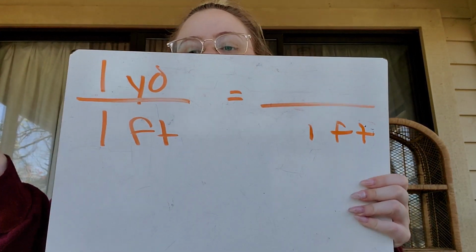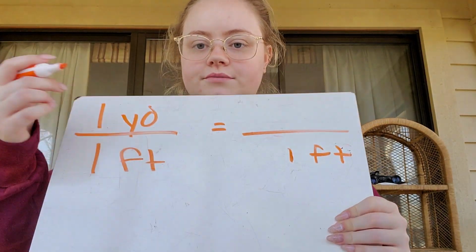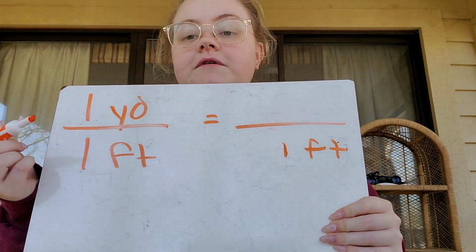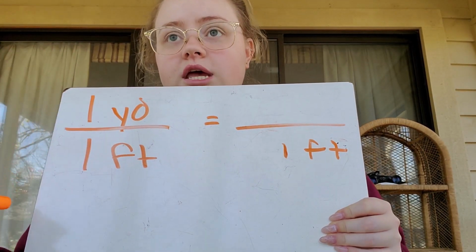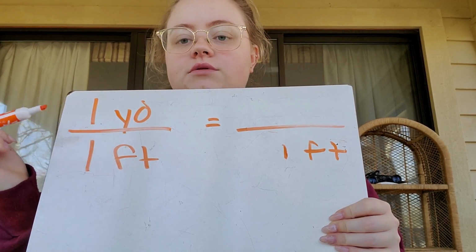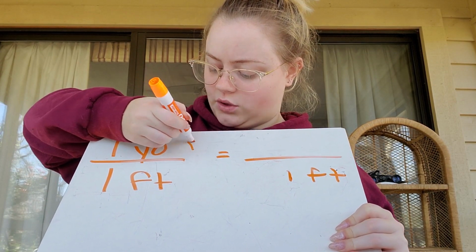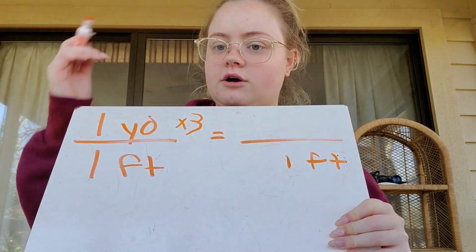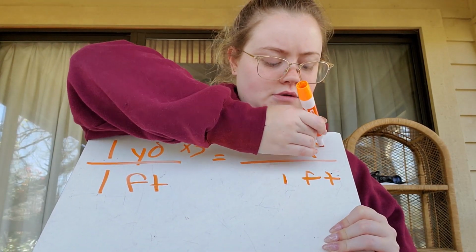All right, I have yards that I need to convert to feet. So, 1 yard equals 3 feet. I gave you guys a few tables a few days ago, and it tells me that 1 yard is equal to 3 feet. So, to get it to feet, I need to multiply my top by a factor of 3, because that's going to give me feet.